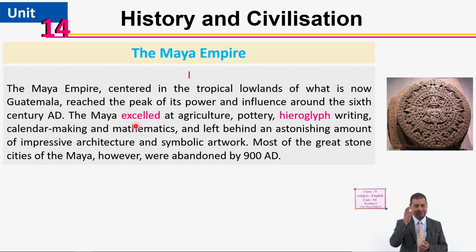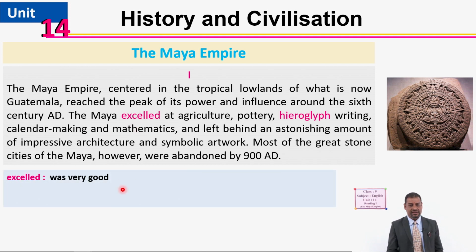Just try to guess in this context and tell me. Have you got it? Okay, don't worry, I am here to support you. The meaning of excelled is was very good. See, you can understand. The Maya were very good at agriculture, pottery, and hieroglyph writing.